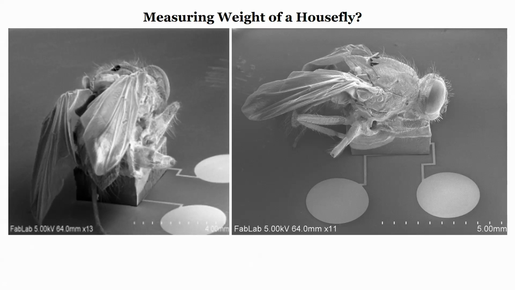We have placed the housefly on the sensor. So, without housefly and with housefly we can see the change in the resistance of this particular sensor, and from that we can correspond what is the weight of a housefly or how good our sensor is.